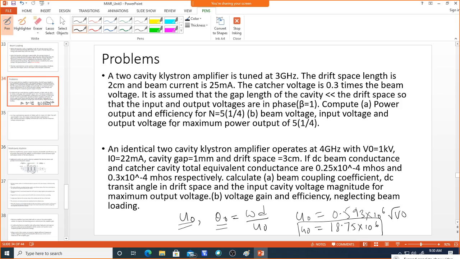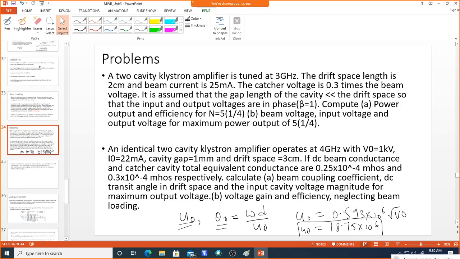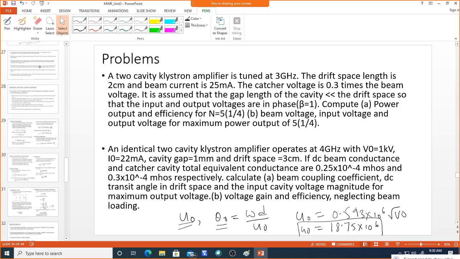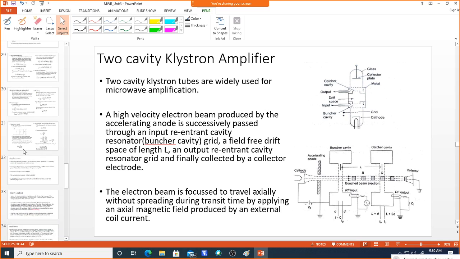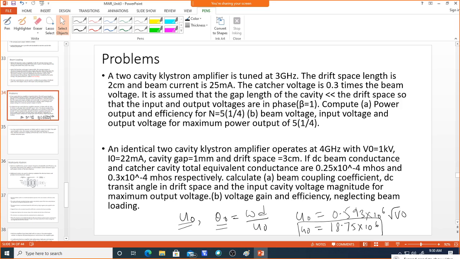The d is mentioned as cavity gap, which is given by 1 millimeter. So now substitute 1 into 10 power minus 3, omega is 2 pi into 4 gigahertz, divided by u naught, whatever you are getting. So now calculate what is theta naught.